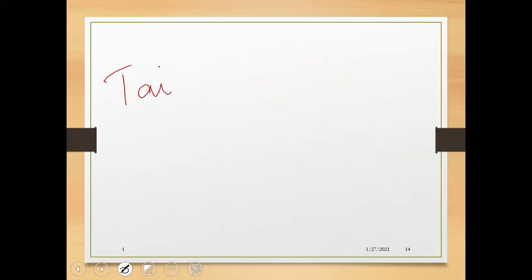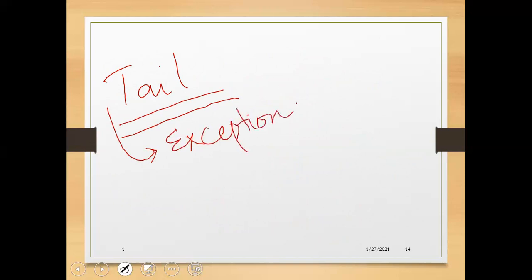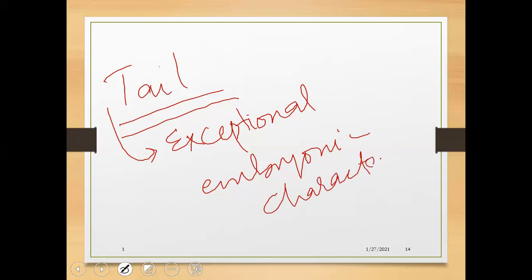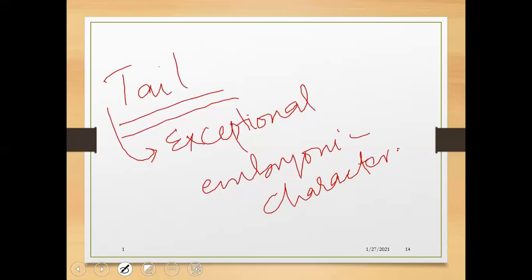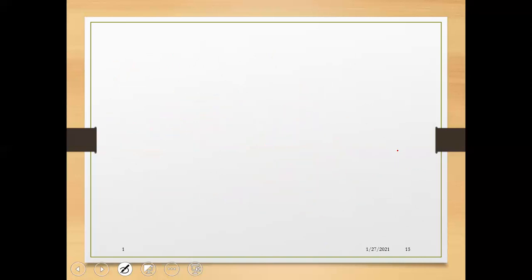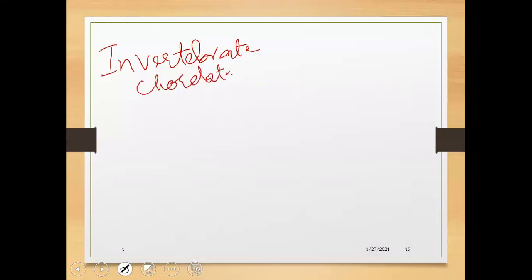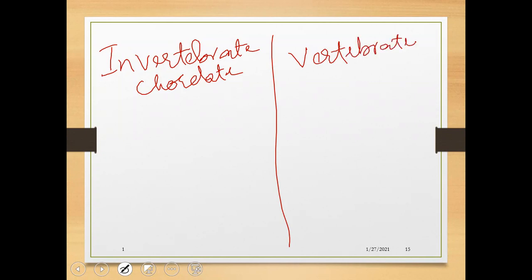And the last one is the tail. Already we have discussed that the tail is exceptional, an exceptional embryonic character. So here we are going to discuss again, as you can see, that some organisms are the invertebrate chordates, and others are the vertebrate chordates.